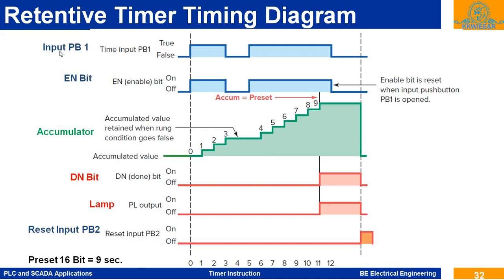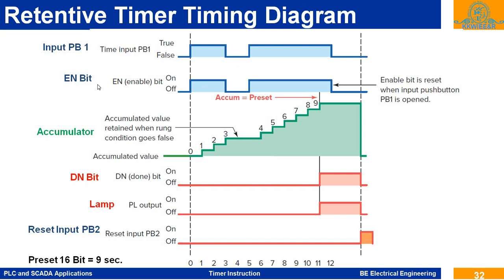When we press this input push button for 3 seconds, the enable bit is high and the accumulator starts incrementing from 0, 1, 2, 3, and after 3 seconds we release this push button to 0.